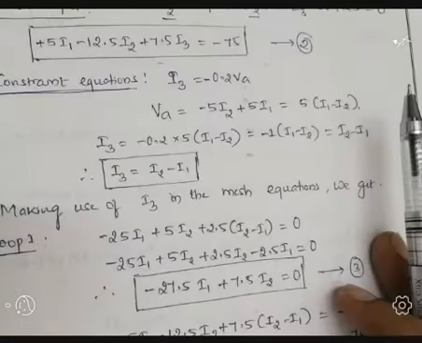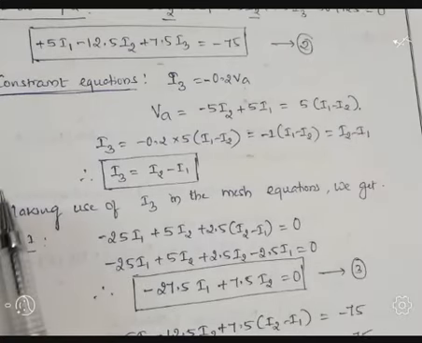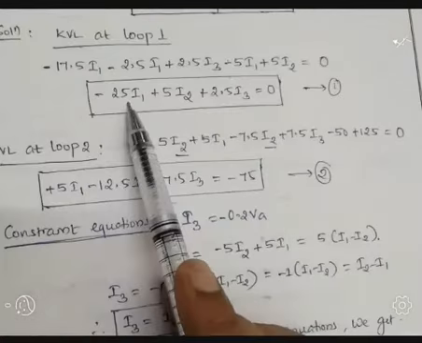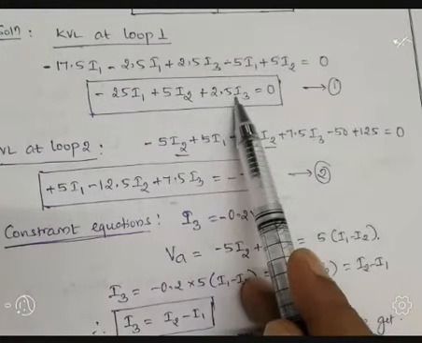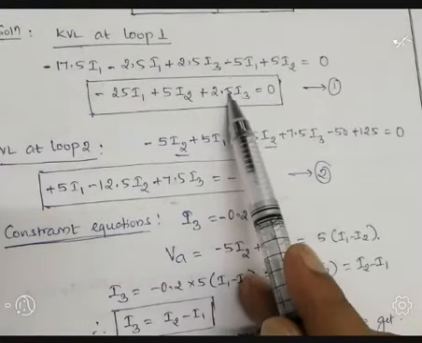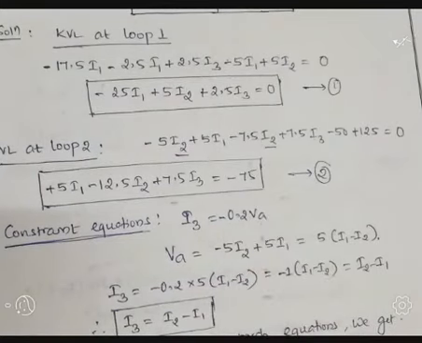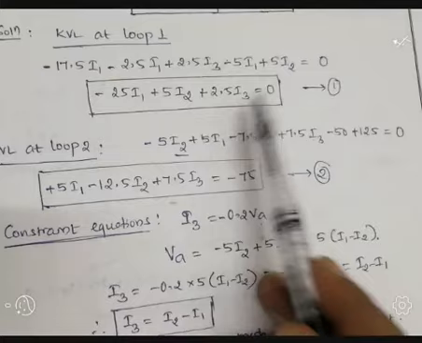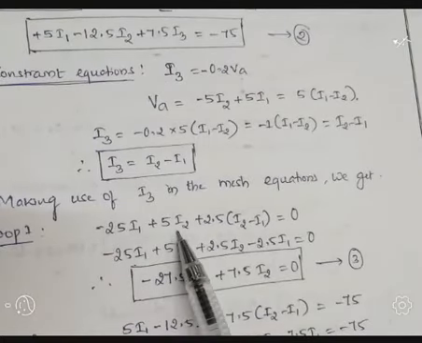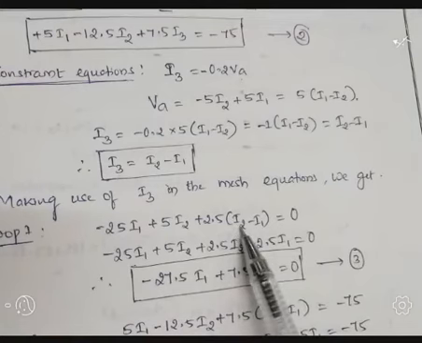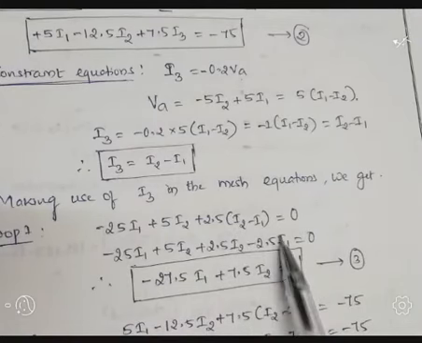Okay, first I will substitute in the first equation. In this equation, minus 25 I1 plus 5 I2 plus 2.5 I3. In place of I3, I3 is I2 minus I1. This value I am going to substitute here. Hence, minus 25 I1 plus 5 I2 plus 2.5 times I2 minus I1. Do the simplification and we are getting two unknowns, I1 and I2.